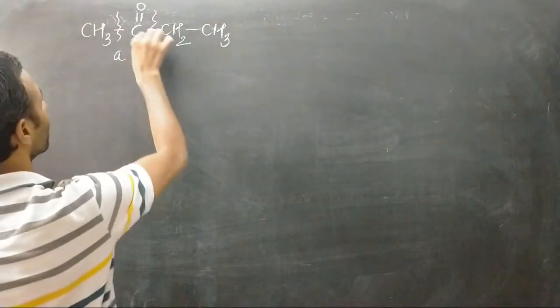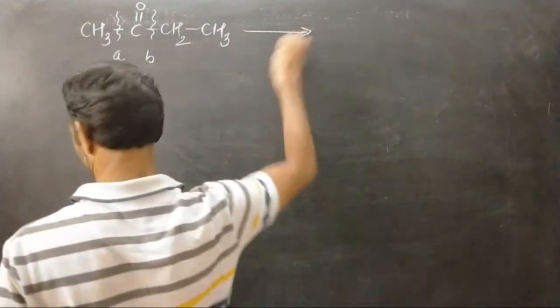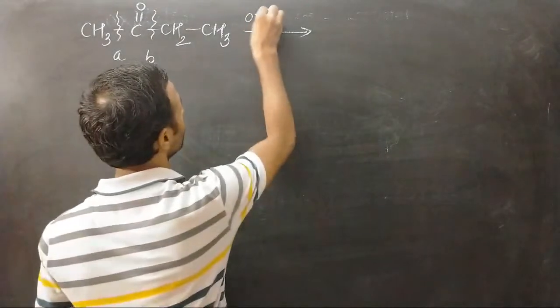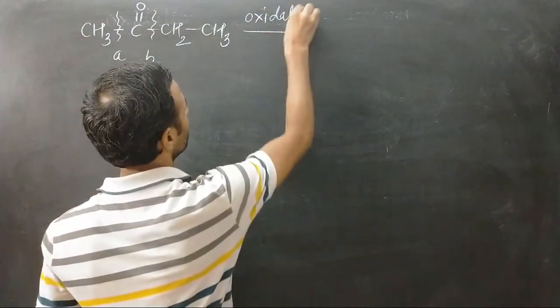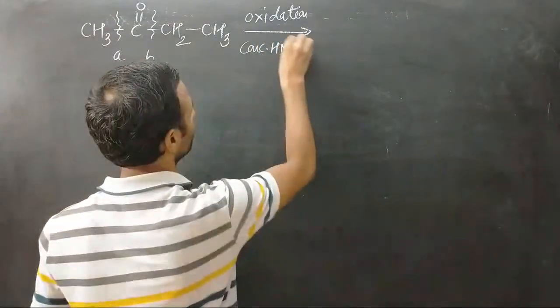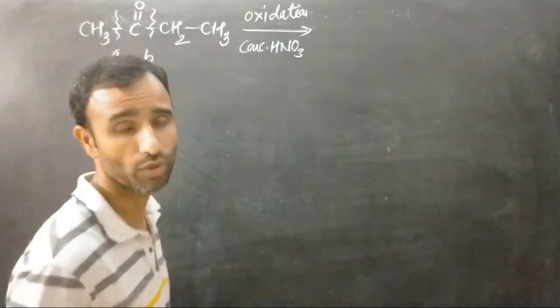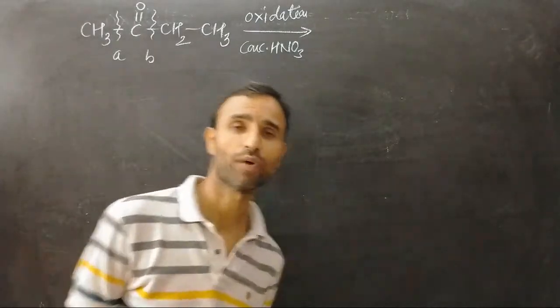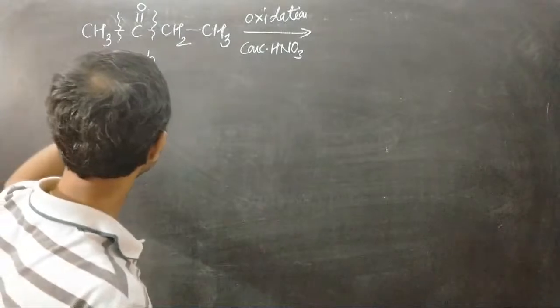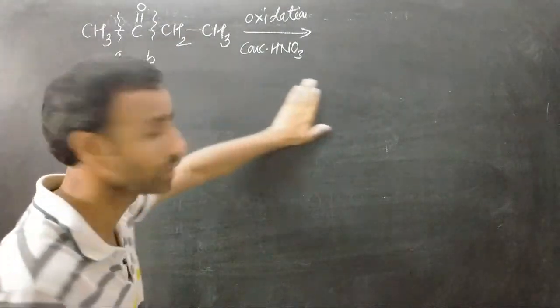A side or B side? Tell me. Oxidation with strong oxidizing agent like concentrated HNO3, acidified KMnO4 or acidified potassium dichromate. Tell me, it will break from A side or B side?